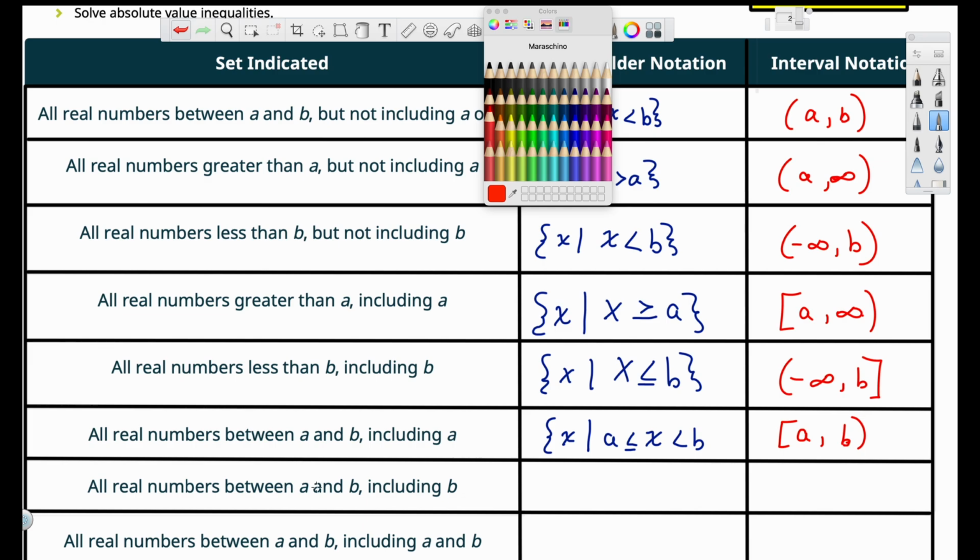All real numbers between a and b, including b. Okay, so this time we're including b, but we're not including a. So b gets the square bracket and a the parentheses.